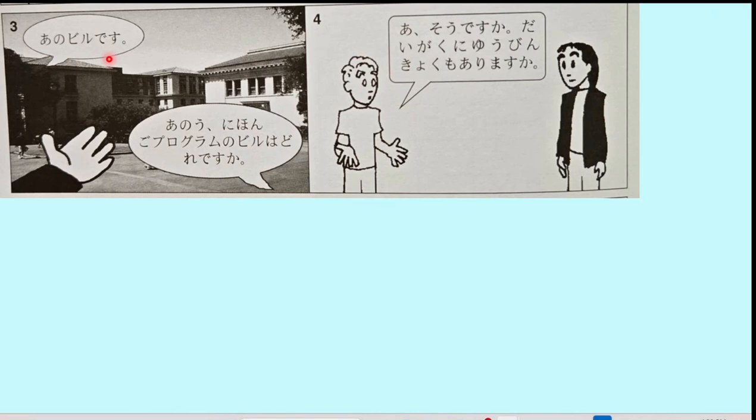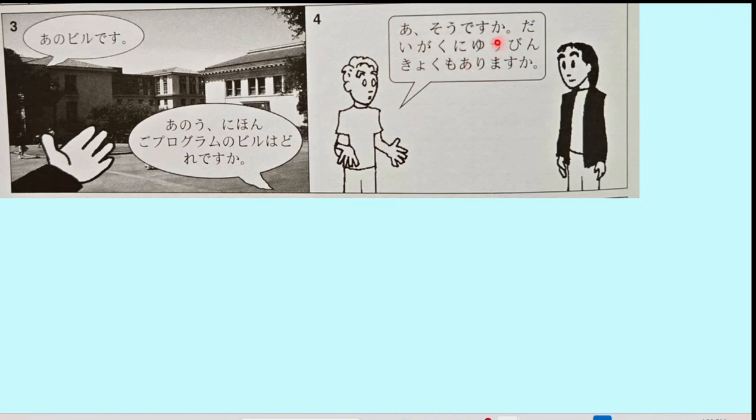Then comes the reaction from Miller. He says, "Ah, so desu ka, so desu ka." He was a little surprised. "Ah" is used to express a little surprise, so this means, oh, I see.